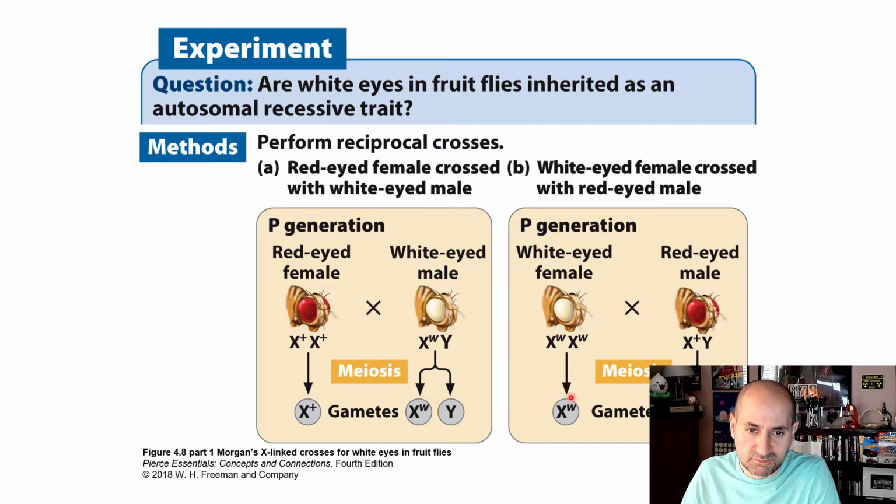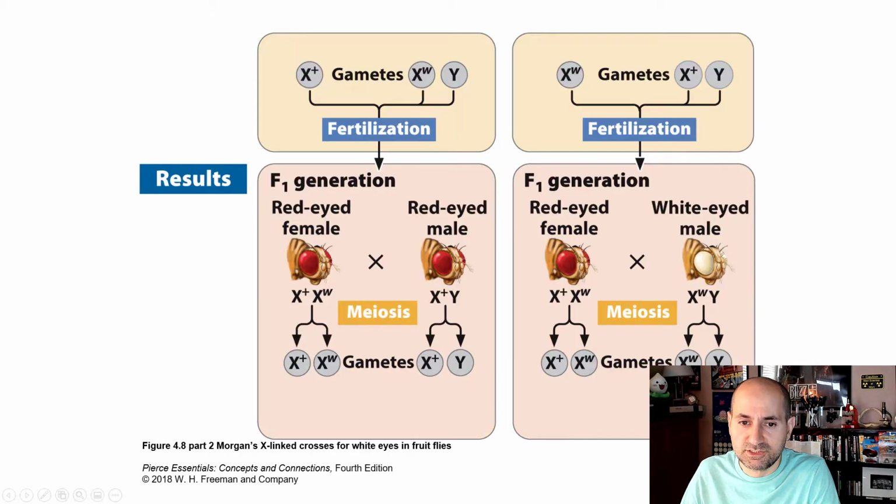Well, all the gametes have to be XW, and the male can have X plus or Y. So after fertilization, what could happen? If the XW egg meets the X plus sperm, you have XW X plus offspring, which are red-eyed females. However, if the XW egg met the Y sperm, you would have white-eyed males.